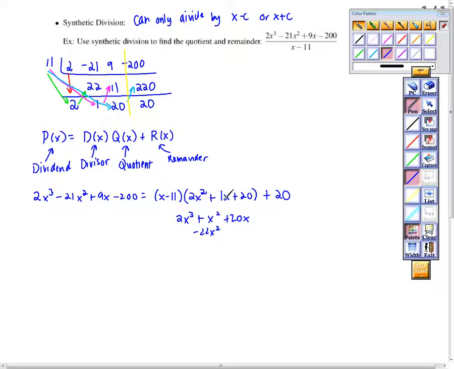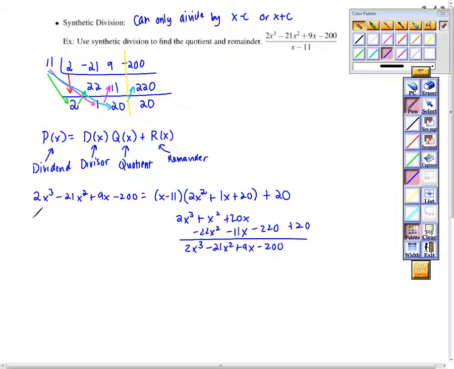Negative 11 times 1x is negative 11x. And negative 11 times 20 is negative 220. I'm going to add the 20 back here. What do I get? 2x cubed minus 21x squared. 20 minus 11 is 9x. Then I have negative 220 plus 20, that's negative 200. You see we get the same thing?